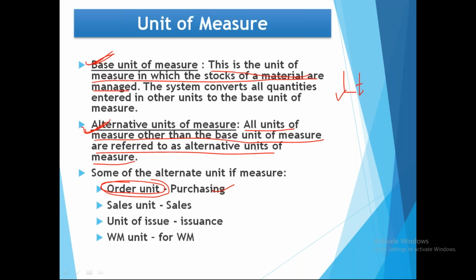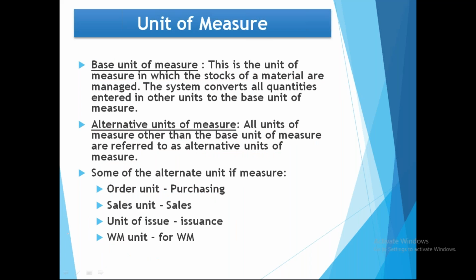You store in liters only, but when you order from the supplier, you ask them to supply the material in drums. So that order unit is now drums. Like this, you have separate alternate units of measure like sales unit, unit of issue, WM unit, all those things you can have.